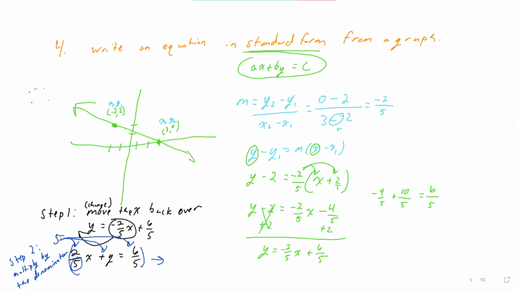So now what is 5 times 2/5? 2, perfect. 5 times y would just be straight up 5y. And what's 5 times 6/5? 6. So that step 2 there, you can't have fractions, so I had to get rid of the fractions.